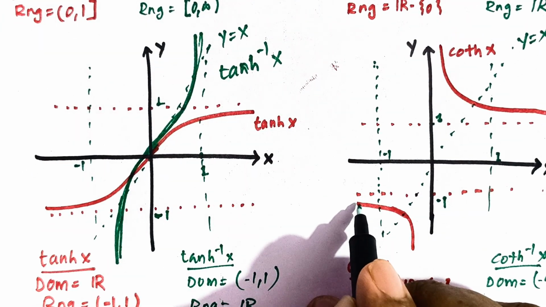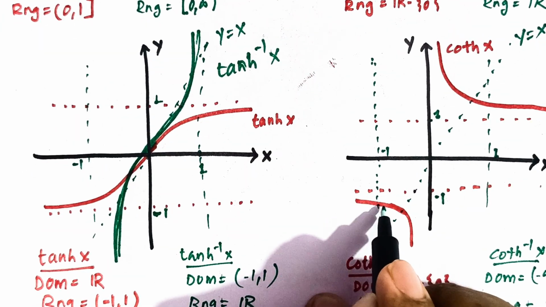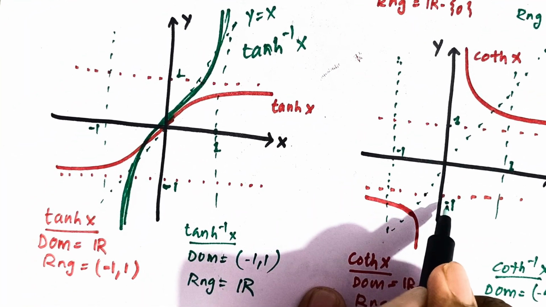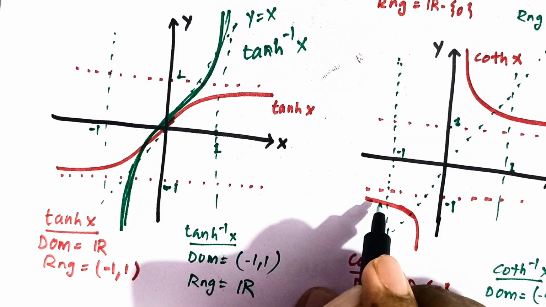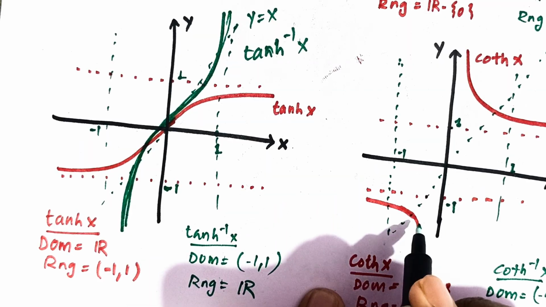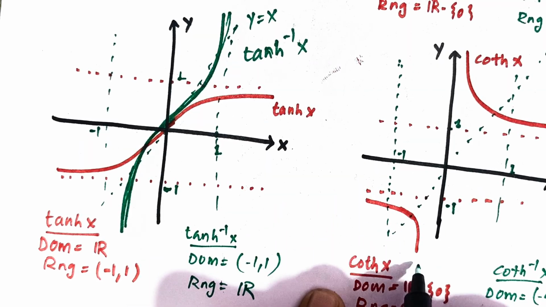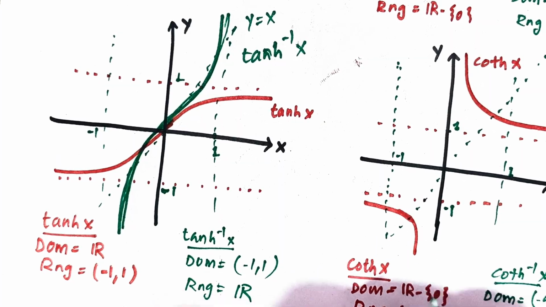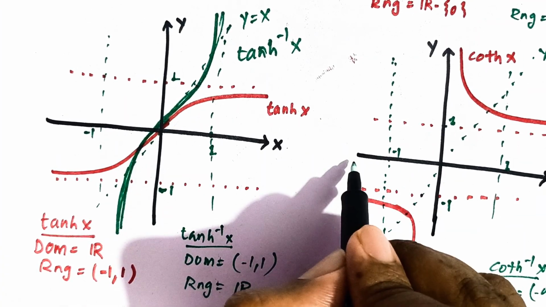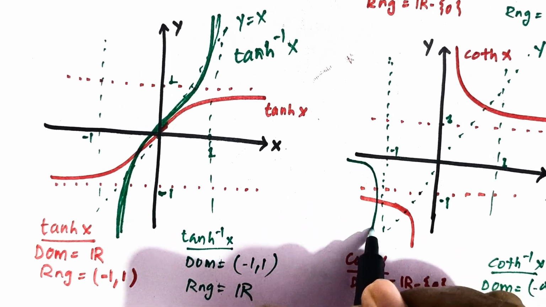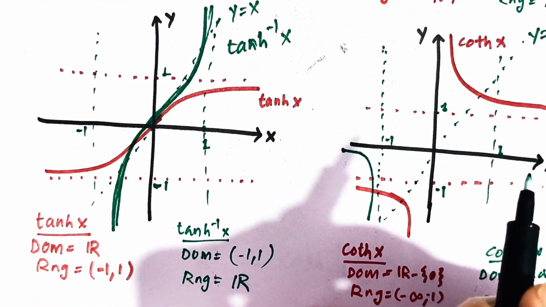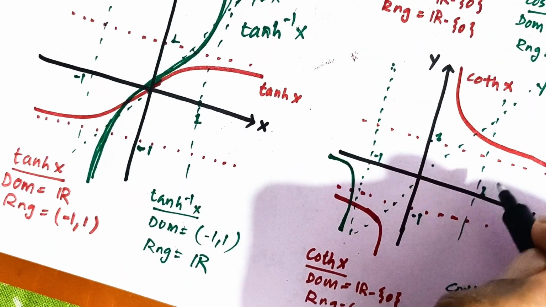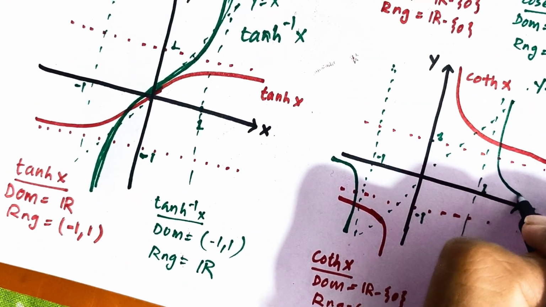See, this curve approaches y equals minus 1. So if you reflect, it will approach x equals minus 1, and this curve approaches the y-axis for large value of y. So when you reflect, your graph will be something like this one. Here also, if you reflect, your graph will be something like this one.